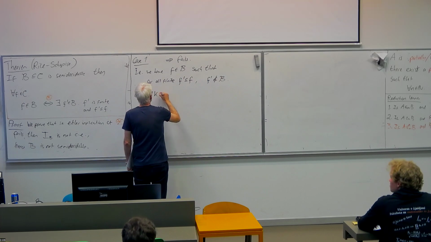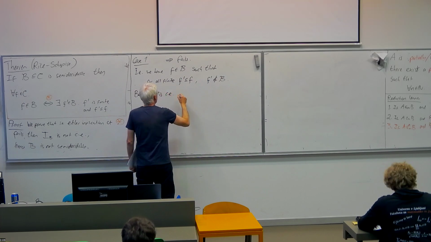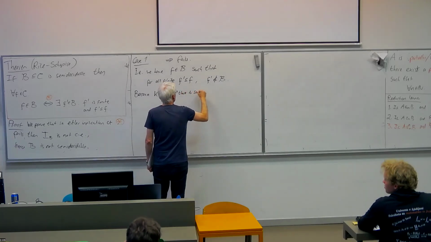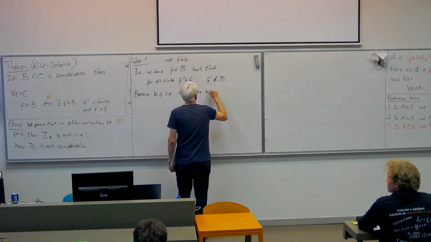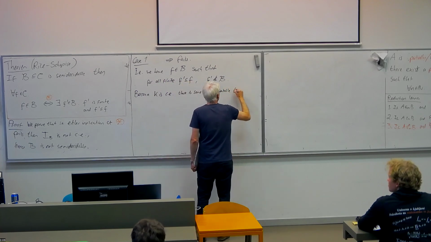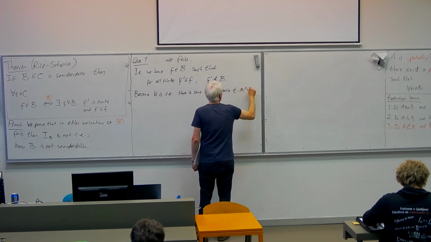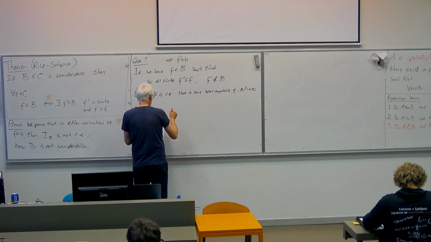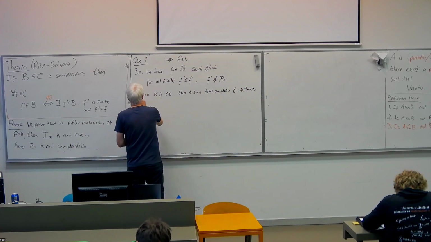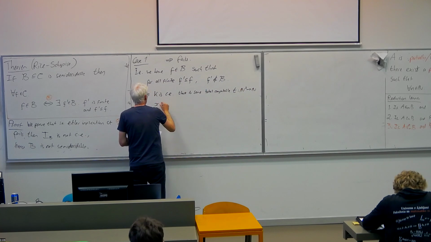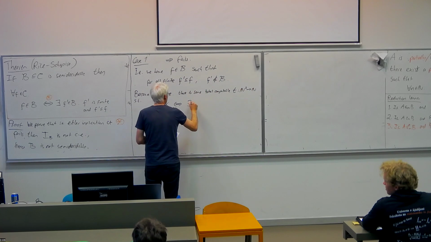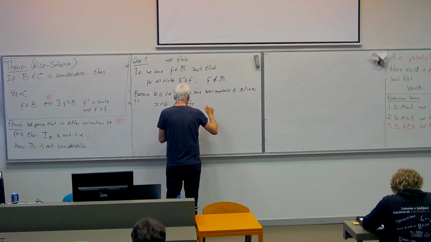So because K is CE, there is some total computable binary function T such that a number x belongs to K if and only if there exists some natural number y.